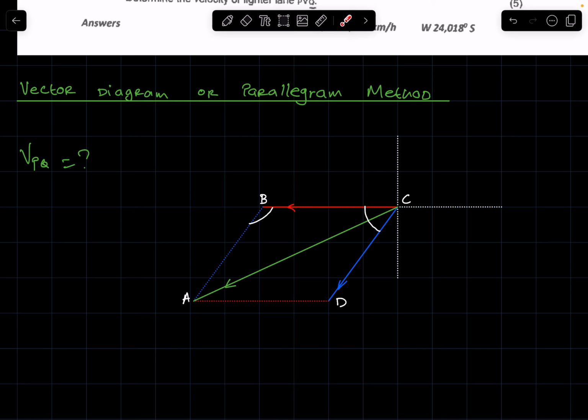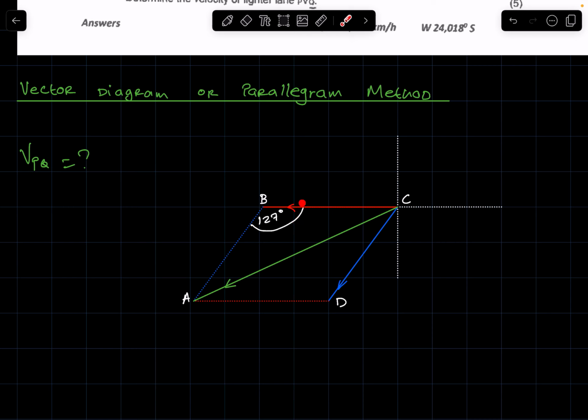This one is 53 degrees, so you say 180 minus 53, and you should get 127. So this angle is 127 degrees.